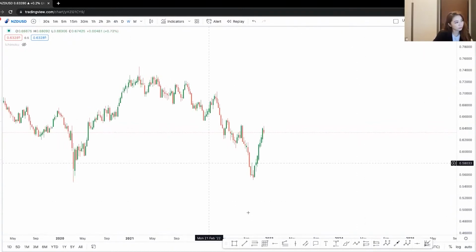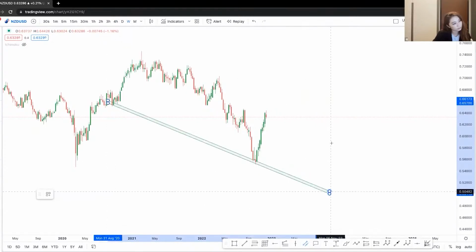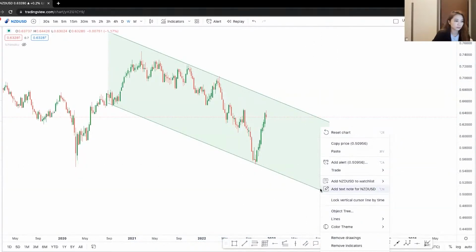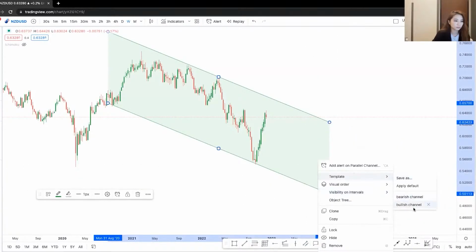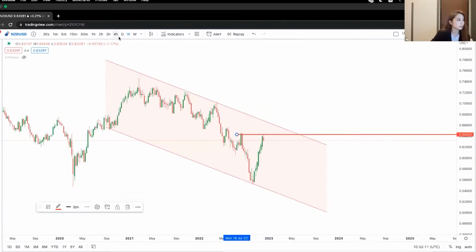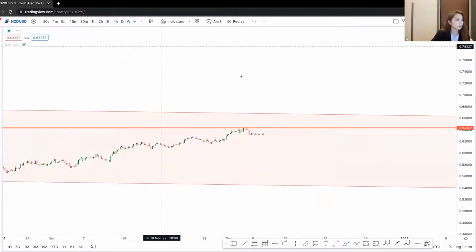It's a relatively flat downtrend that we are seeing. Some form of resistance over here. Completes a V-shaped recovery. Let's look at H4.